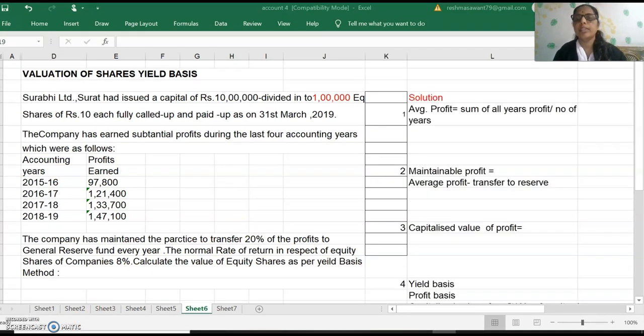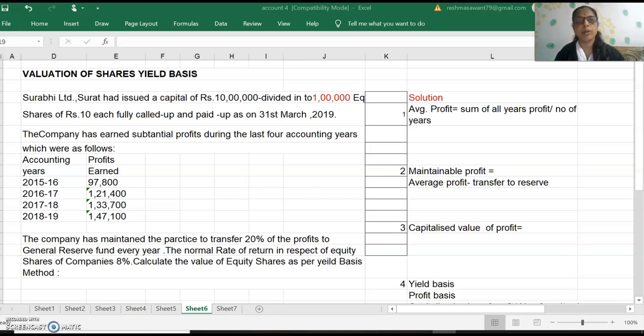Now we discuss how we calculate and solve this question. For the calculation of yield basis, whether it is profit basis or dividend basis, we have to calculate the first three stages. It is compulsory. First, the calculation of average profit, which is the sum of all years' profit divided by number of years. Then we calculate the maintainable profit, which is average profit less transfer to reserve.